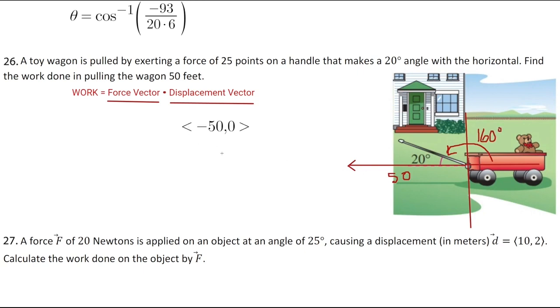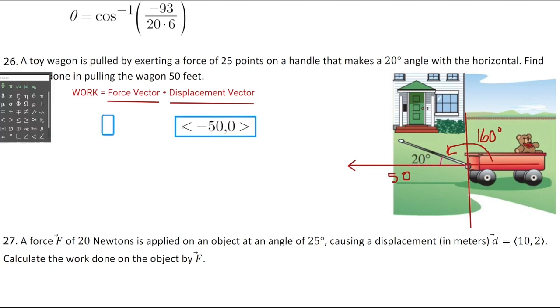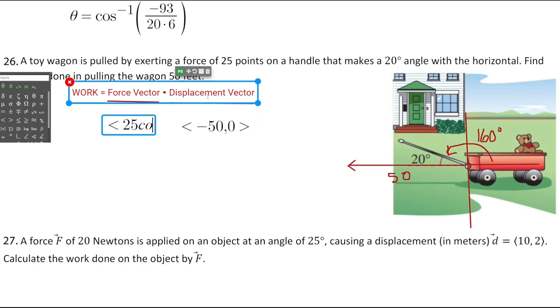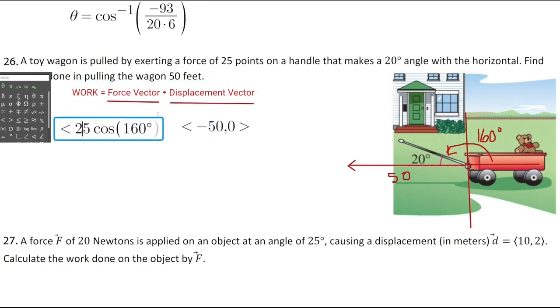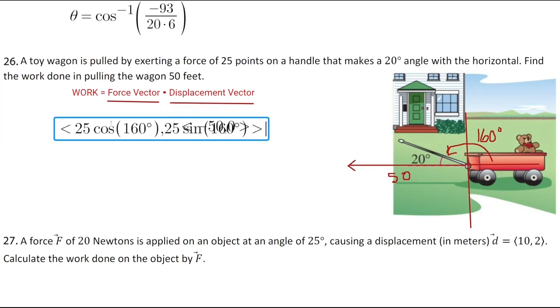So we've got our angle measure, we've got our force, which is 25 pounds, and the way we come up with the force vector is the magnitude, which is 25, times the cosine of the angle measure, 160, comma, 25 times the sine of 160. So that is the force vector.